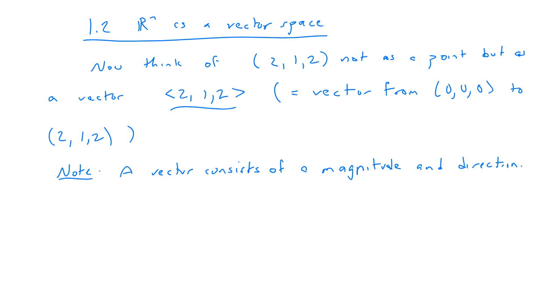And as I said, a vector consists of both a length or magnitude and a direction. First little thing, let me see how many people have seen this, and this goes with the last section.